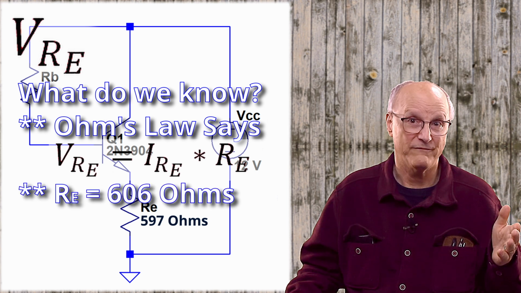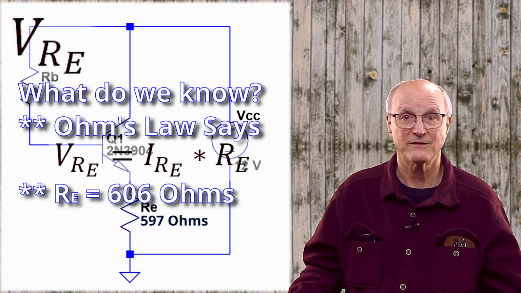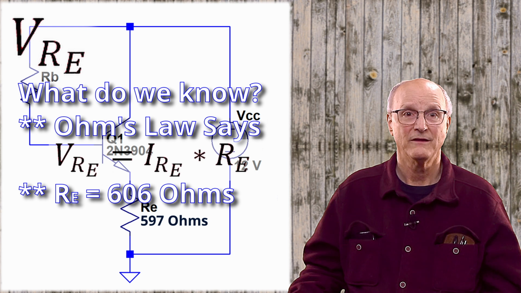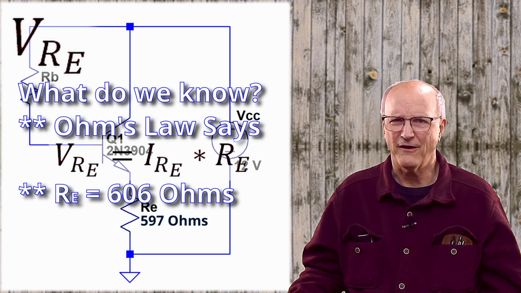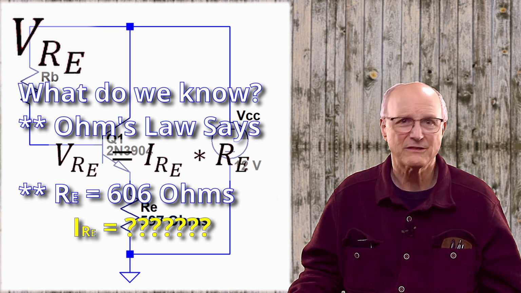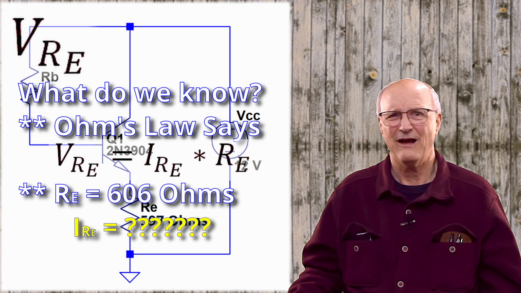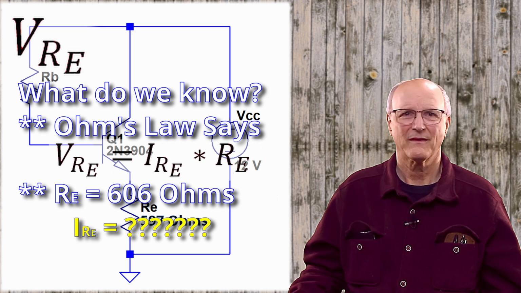And we know the value of the emitter resistor, RE, is 606 ohms. Also, like our VRB equation, we don't know the current through the emitter resistor, IRE. So how can we get at that?